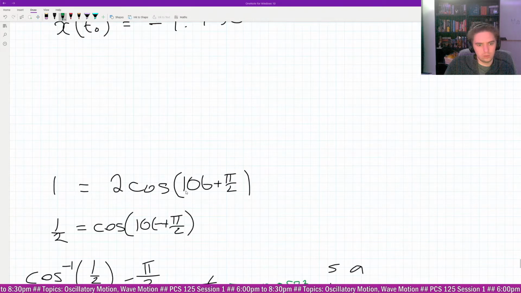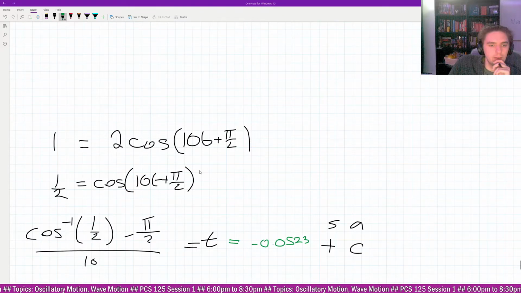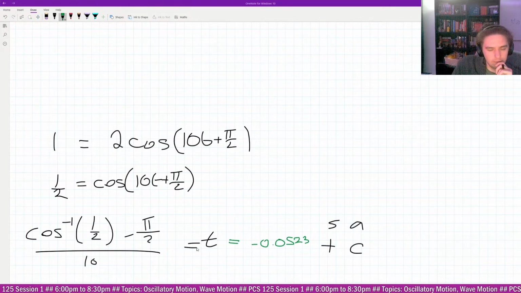And I want to know when that position is 1, so the time interval to get there. Yeah, that's right.